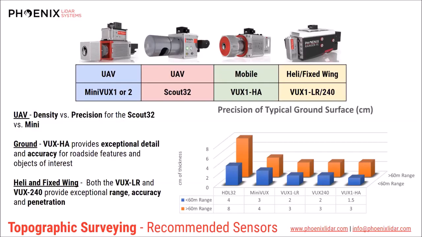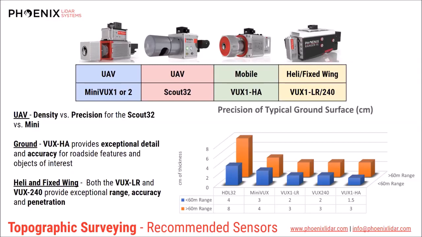So the density of capture is much higher with the Scout 32, but you have to balance some thickness of ground surface, some lack of precision. So if you need a very, very precise ground surface, from the UAV perspective, the miniVUX is likely going to perform better, but Scout 32 has tremendous density as well as flexibility in platform, as well as flexibility in sensor parameters.